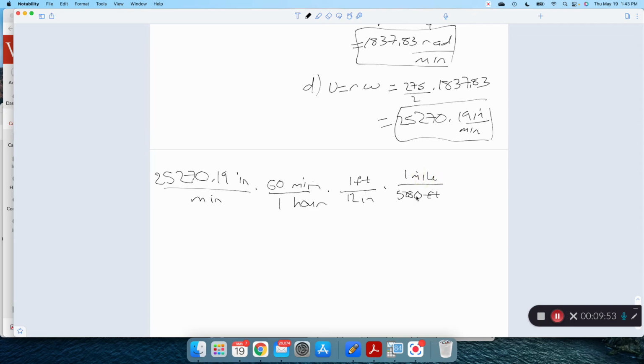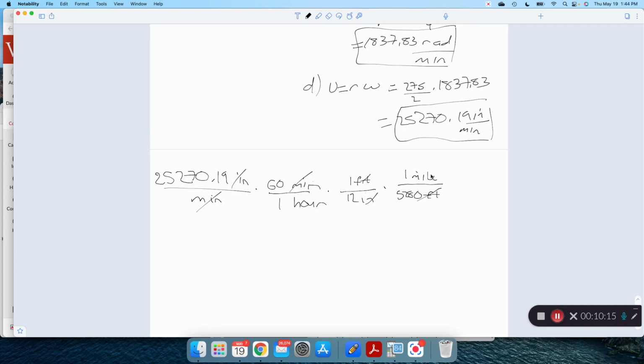Remember, I'm multiplying by 1 here. These two are equal. But now look at my units. Feet, top and bottom. They have to be top and bottom to cancel. Inches, top and bottom, cancel. Minutes, top and bottom, cancel. What's left over? Miles over hours. That's what I want.